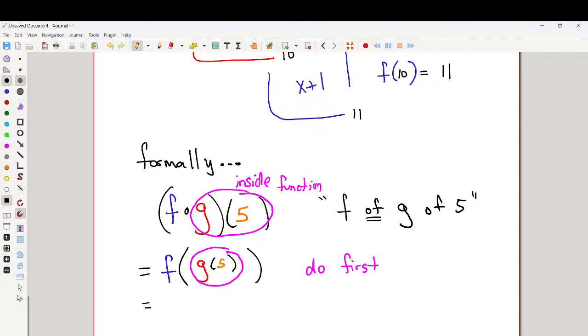So again, if it was the doubling machine, we'd double 5, that becomes 10. And this is your outside function. You do second, which, as simple as I can put, is the add 1.